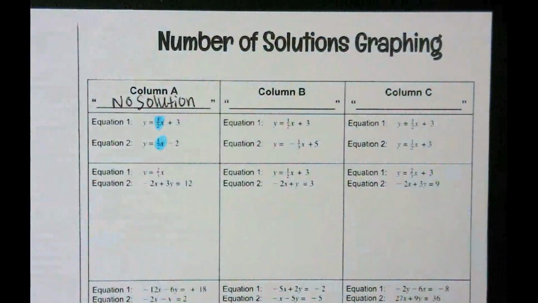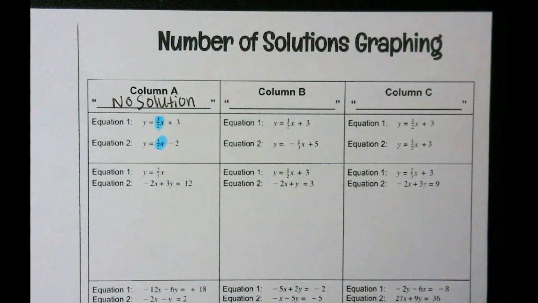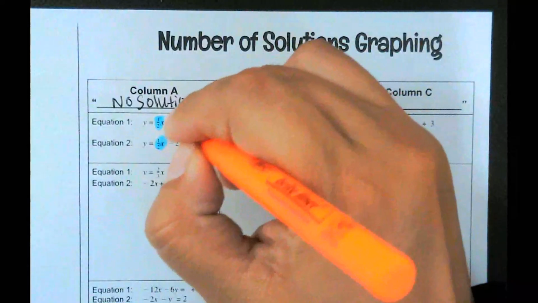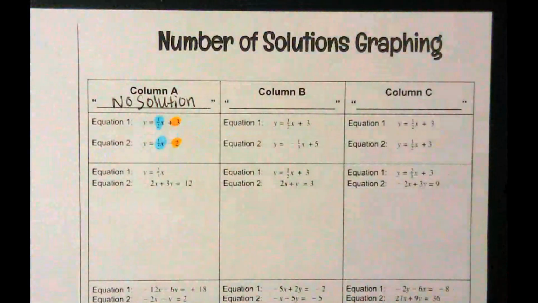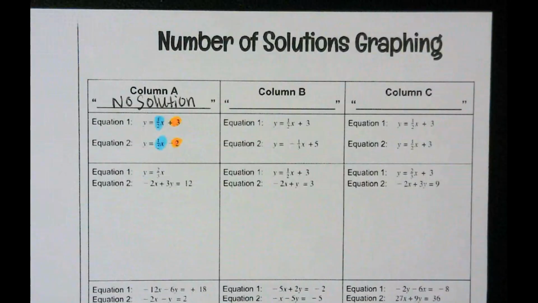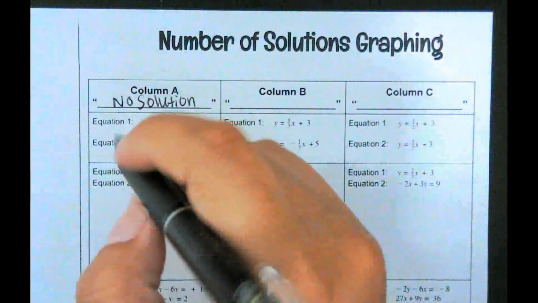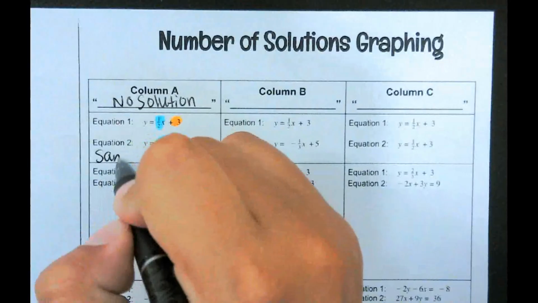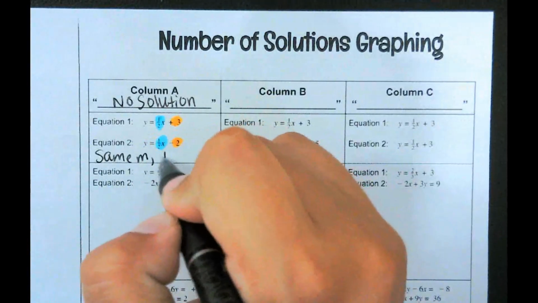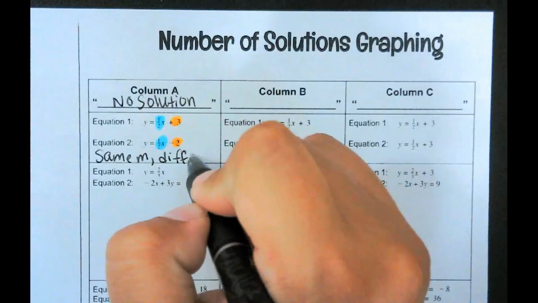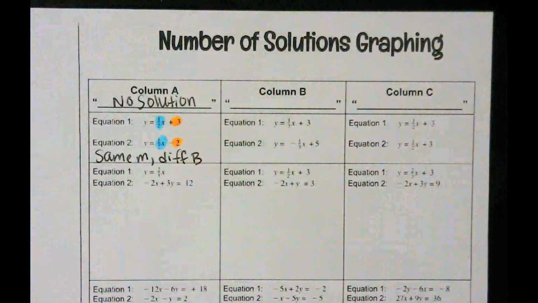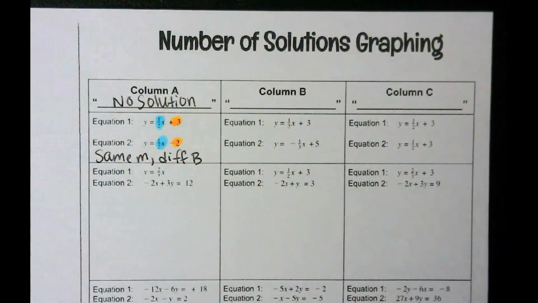And then the next thing you're going to look at is the b's. This is very similar to your no solution rule that you have in your notebook.